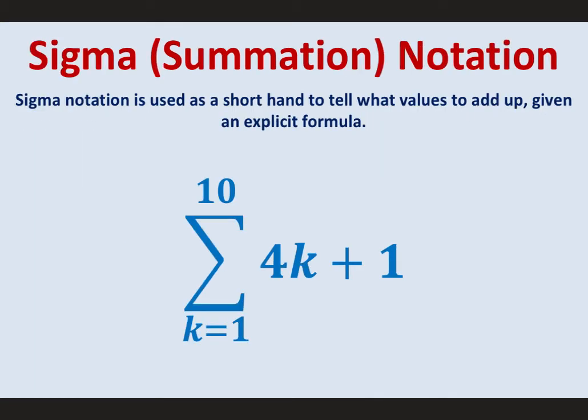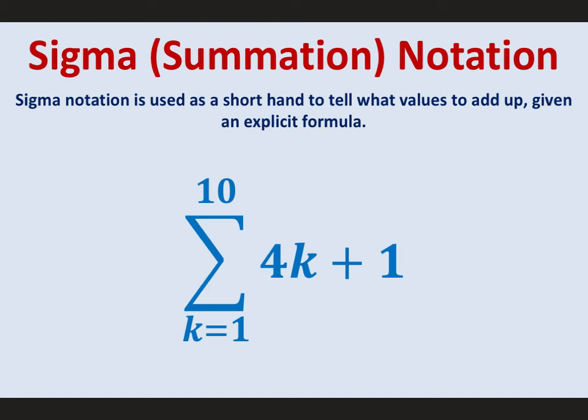All right, another way you will see series notated is with something called sigma notation. Sigma notation is used as a shorthand to tell us to add up the values of a given explicit formula. What this says is you add up the terms from the first term to the 10th term for this formula right here. So you'll plug in 1, 2, 3, 4, 5, 6, 7, 8, 9, 10, and then add up all those different numbers.